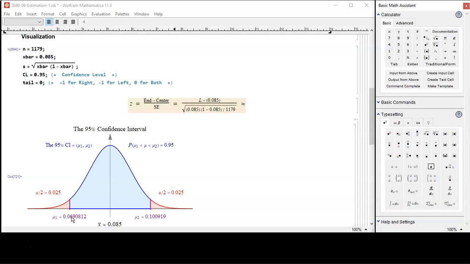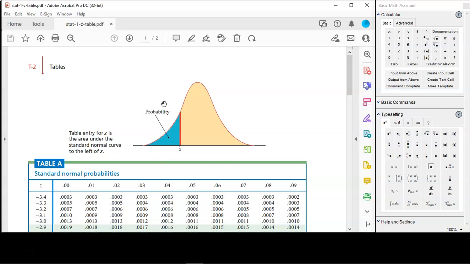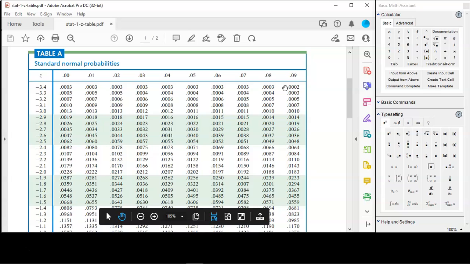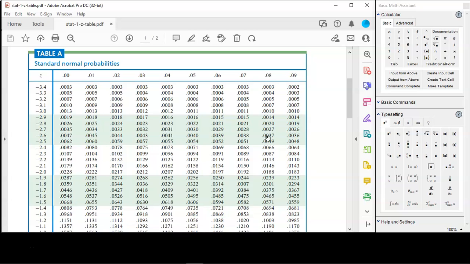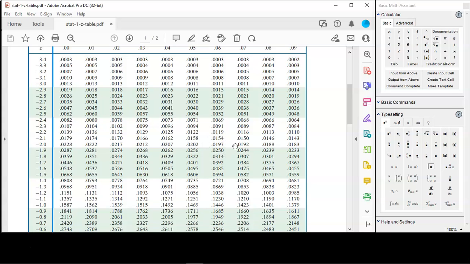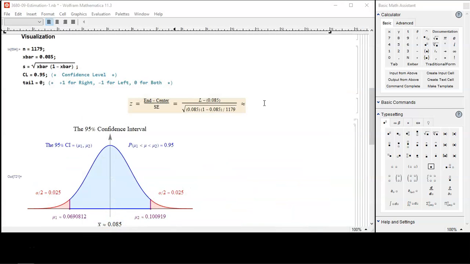What is that quantity? Well, let me open up the z-table. It's here. Yeah, shade is to the left, and let's look for 2.5%. Let's see, it's gotta be around here. Yeah, right here, 2.5%. Negative 1.96. So negative 1.96.